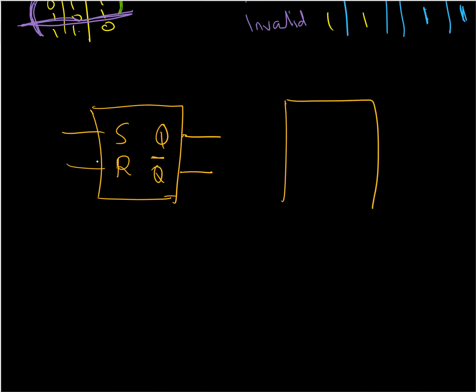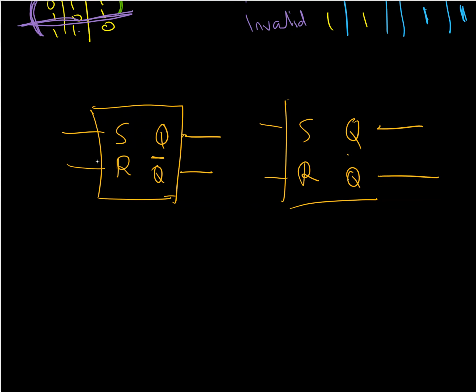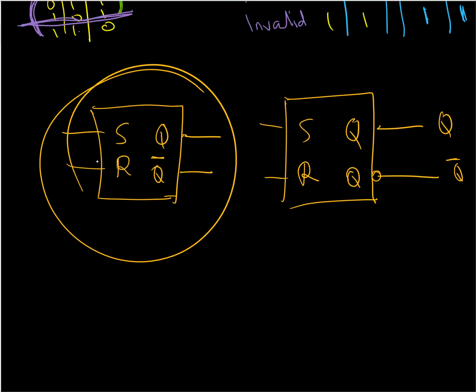It could also be drawn so that both outputs are actually Q, but the bottom one is given an inversion bubble to invert it. Let me draw that a little bit nicer, indicating that the output is inverted there. So over here, essentially that's Q and Q bar, but I'll be using this method of drawing the flip-flop.